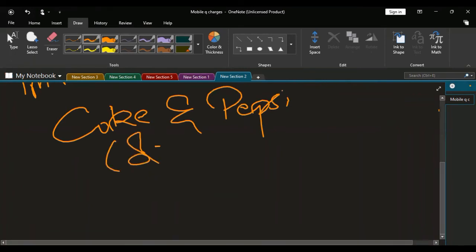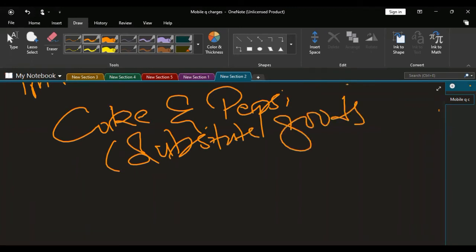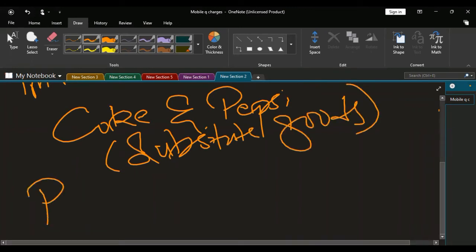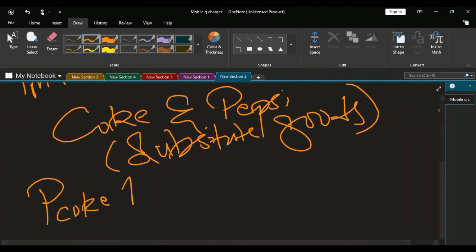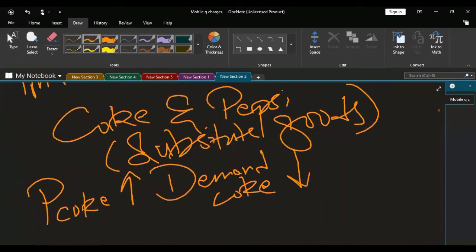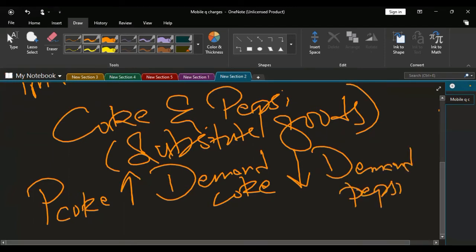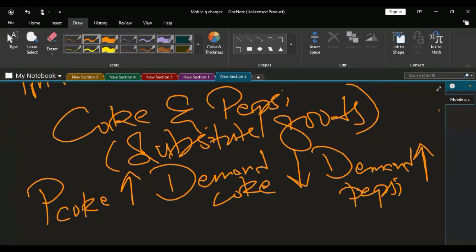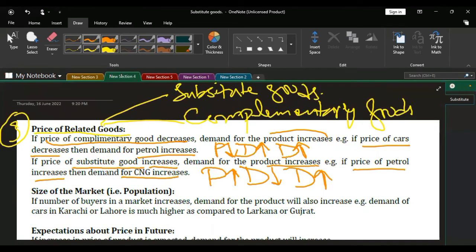Both are substitute goods. So, if price of Coke increases, demand for Coke decreases. But the consumers have to satisfy their demand, so they will move to the relatively cheaper good, that is Pepsi. So demand for Pepsi will increase. So it is the change in price of related goods.